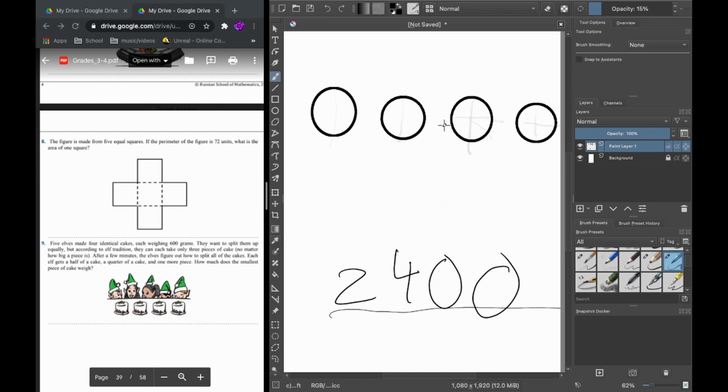Wait a second. No. It's 150 divided by 5, because here there's 5 pieces. So that's 150 divided by 5, and so now you have a 30. So your answer would be 30.